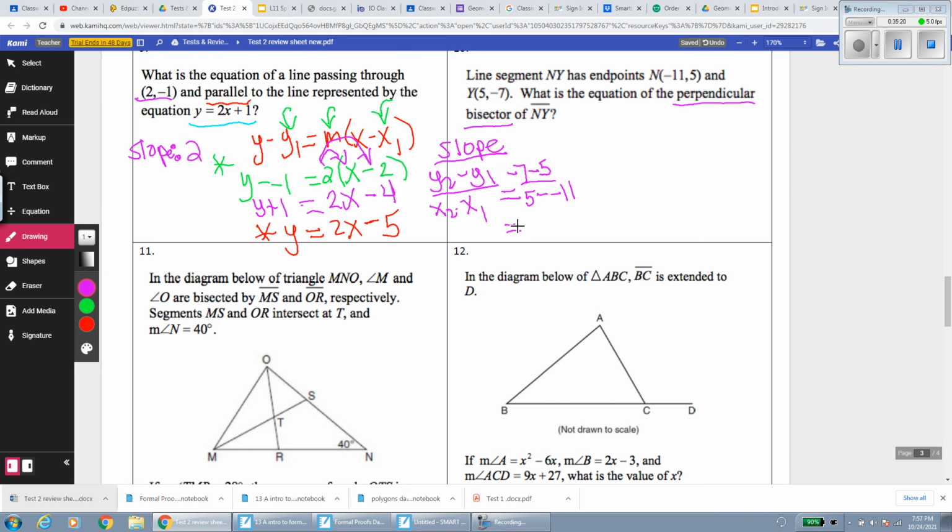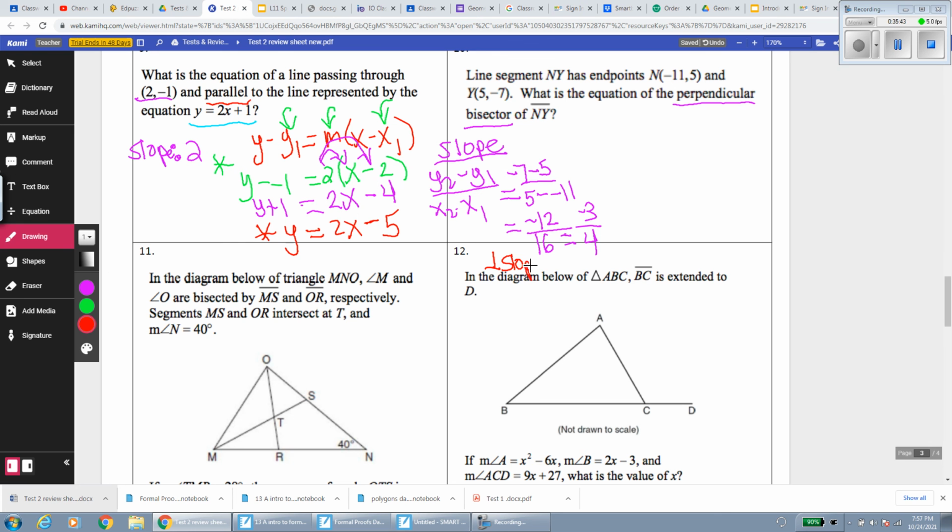So -7 minus 5 is -12 over 16. And to reduce that into simplest form, that's -3 over 4.